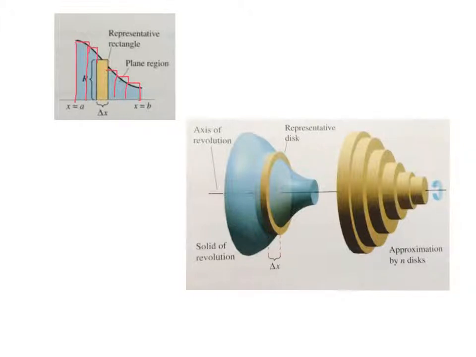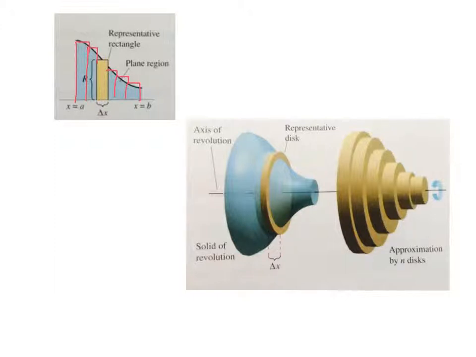I can take those rectangles and revolve them around, and I'm going to create a series of disks. Those disks are going to look something like these. I can find the volume of each individual disk and add it up, and that's going to give me a decent approximation for the volume of this solid.